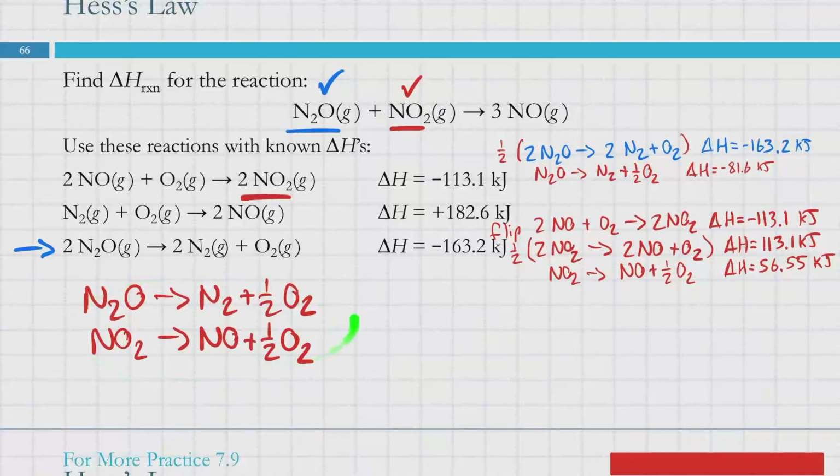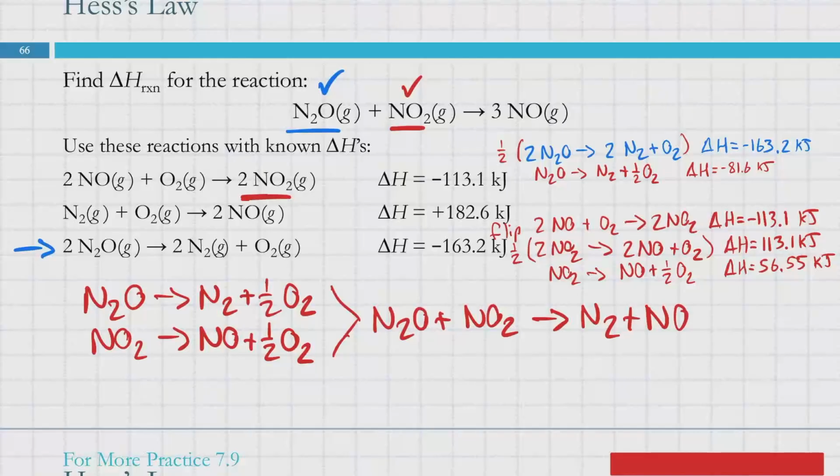If we add these two together, we've got N2O plus NO2 on the left side, which is perfect. And then on the right side, we've got N2 plus NO plus O2.